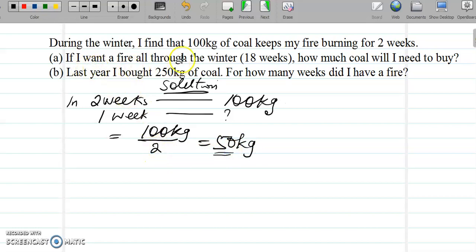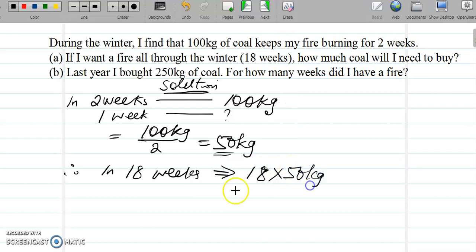So if I want it to burn throughout the winter, and the winter is 18 weeks, how much coal will I need to buy? Therefore, in 18 weeks, we have 18 multiplied by 50 kg of coal.